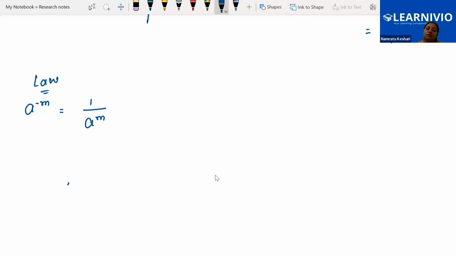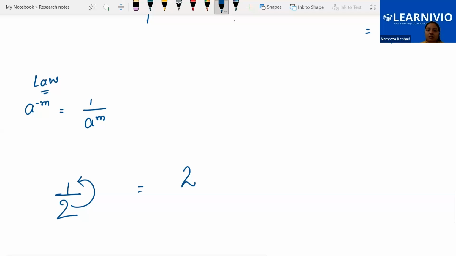Let me write it. Whenever we are having 2 and I want to write this 2 in the numerator, how can we do so? This 2 can go in the numerator, nothing will change, only the exponent of 2 will reverse its sign. If the exponent is already positive, it will become negative. If the exponent is negative, it will become positive. Here the exponent was positive 1.